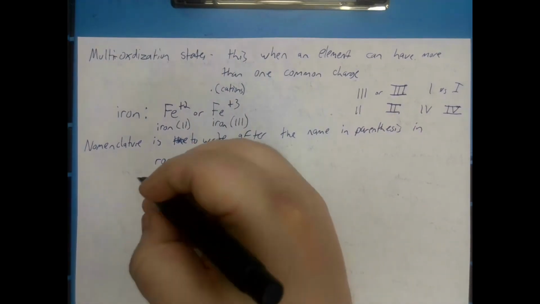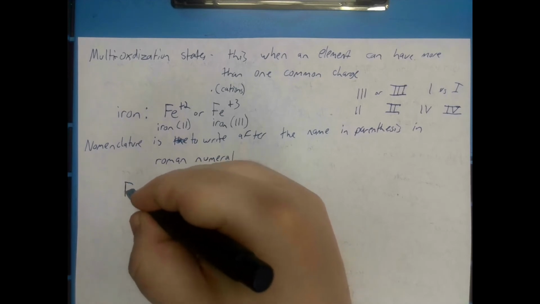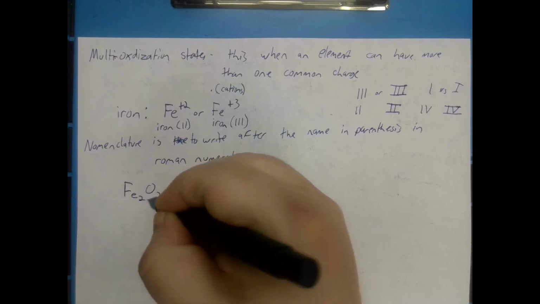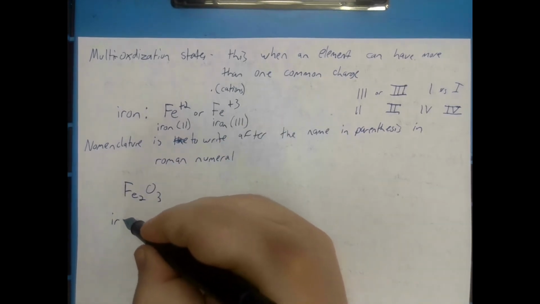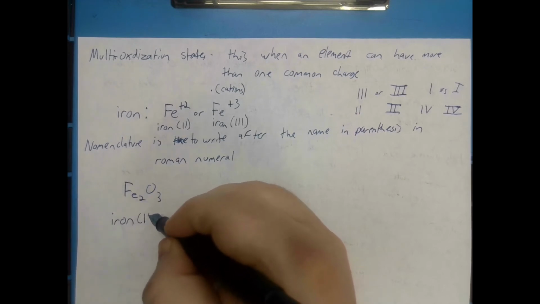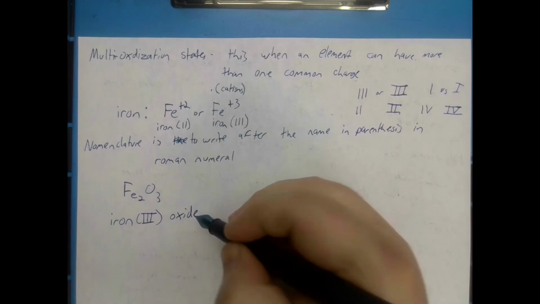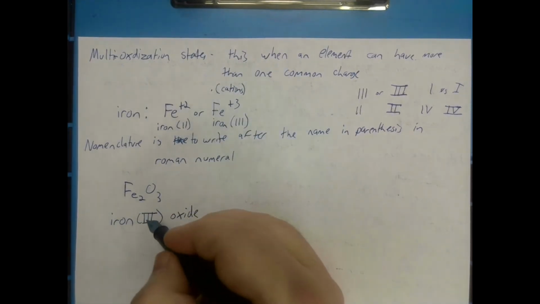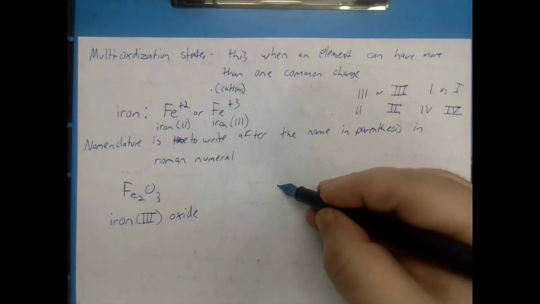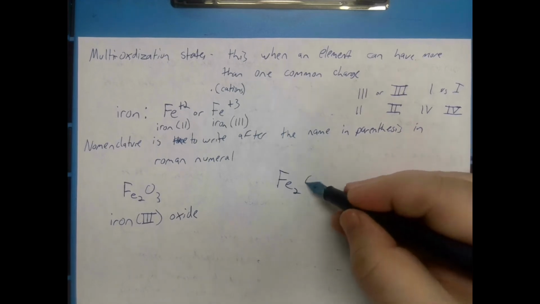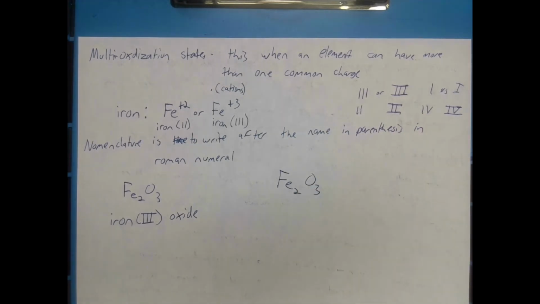So some examples would be rust. This is rust. Its name is iron 3 oxide. How I know this is 3 is I have to figure out what the charge is on this chemical.